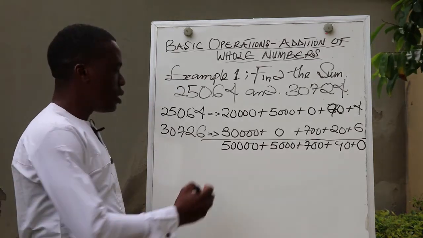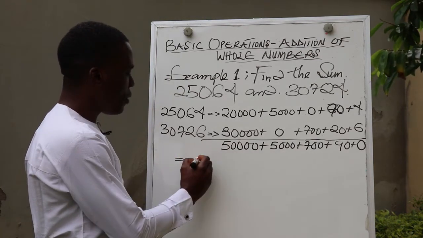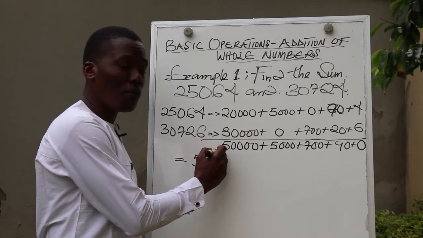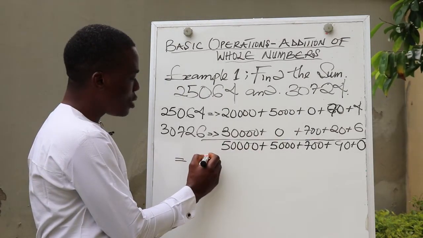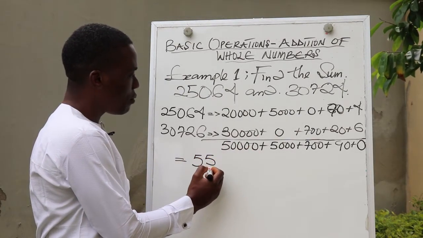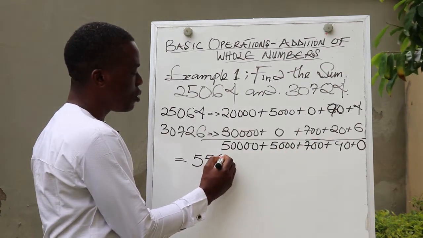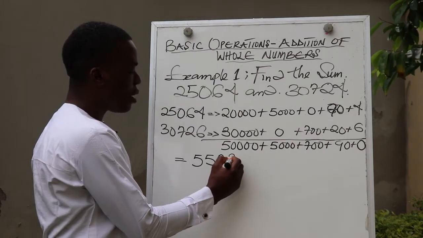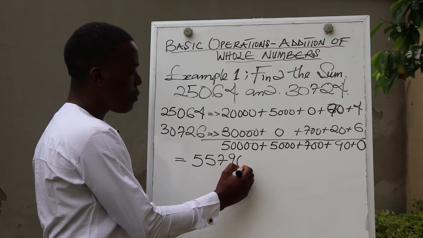So if we sum all this up, we are going to have the 50,000 in the space of the tens of thousand. Next, in the space of the thousands we'll have our 5. In the space of the hundreds we have our 7. In the space of the tens we'll have our 9, and then in the space of the unit we'll have our 0.